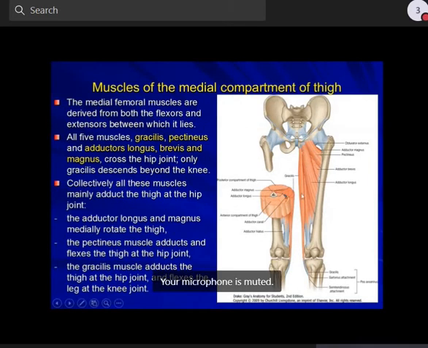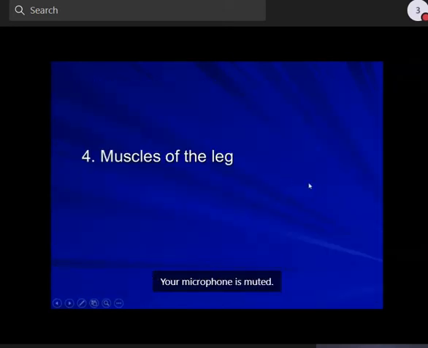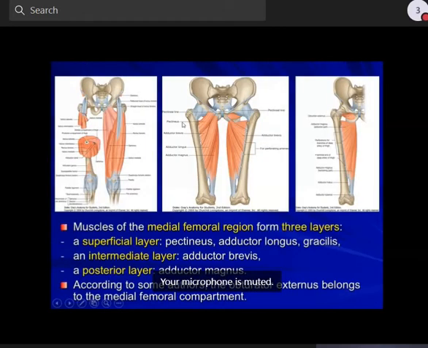Here we can see the superficial layer of adductors, pectineus, adductor longus, and gracilis. And deep to pectineus and adductor longus is positioned the adductor brevis.